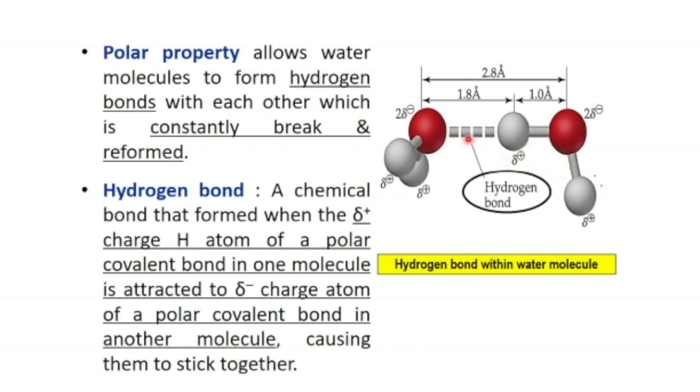A hydrogen bond forms when the partial positive charge of a hydrogen atom of one water molecule is attracted to the partial negative charge of the oxygen atom of another water molecule, causing them to stick together.